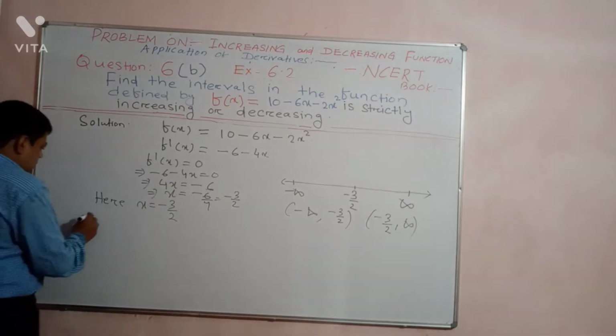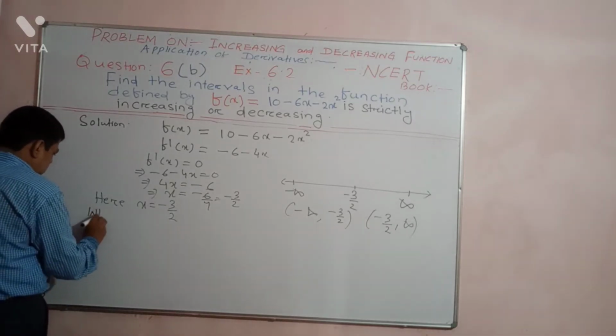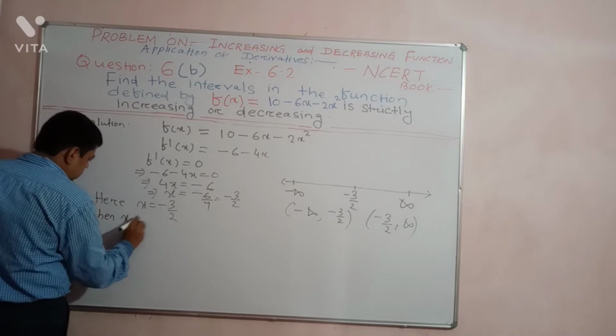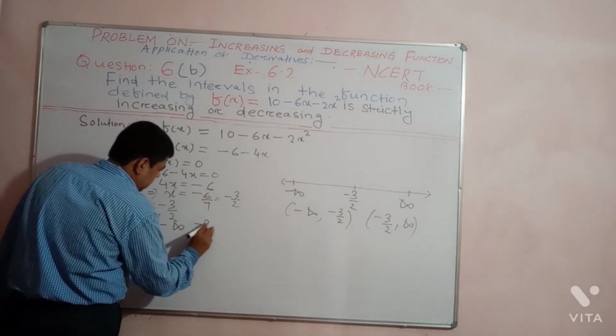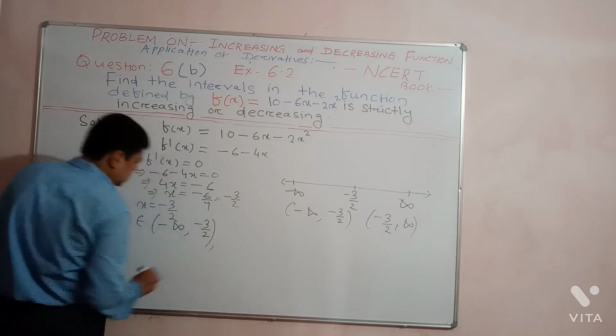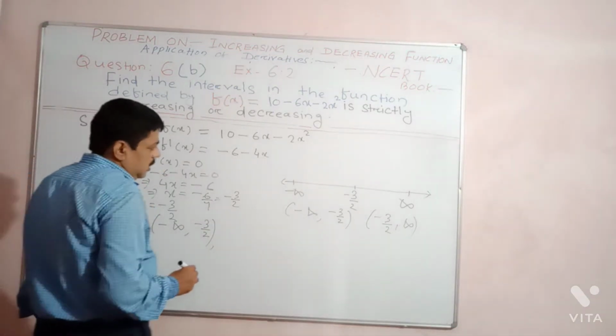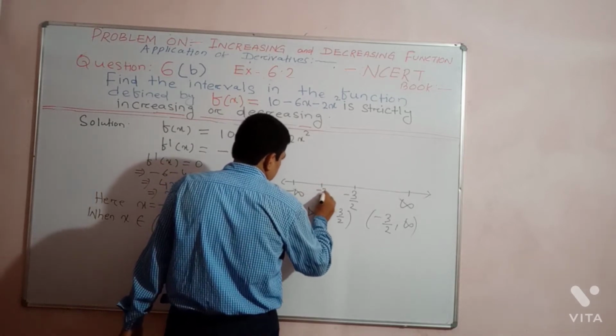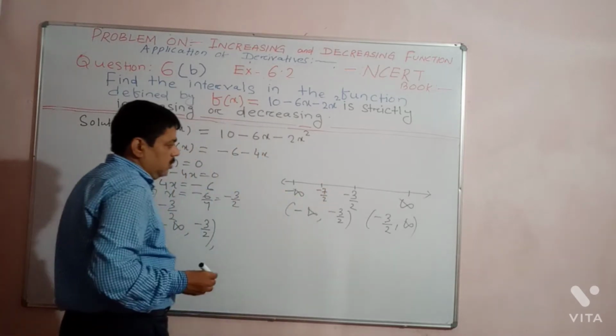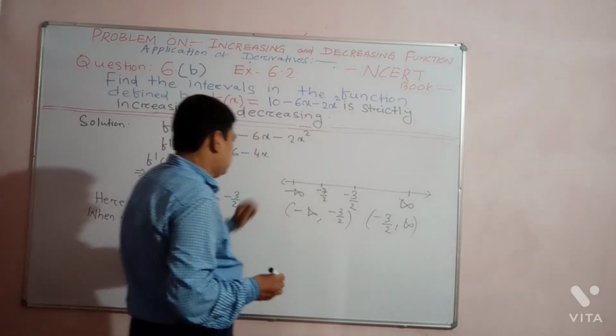When x belongs to (-∞, -3/2), let us take a number in this interval, suppose x = -7/2, which lies between -3/2 and minus infinity.